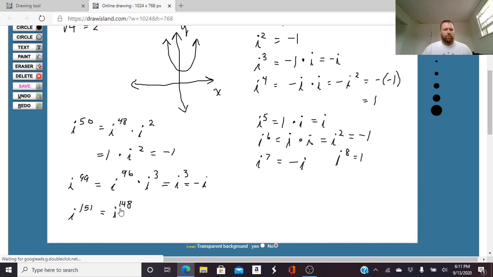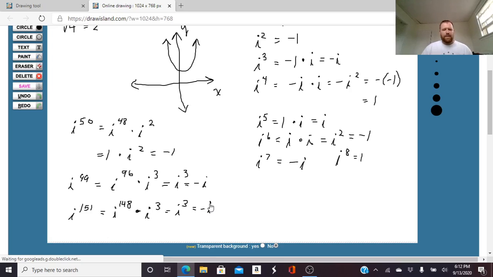If we go 4 into 14, it goes 3 times, we've got 28 left over, so 4 times 37 is 148. So we get that times i cubed. So we got basically 1 times i cubed, so this is equal to i cubed, which is equal to negative i.